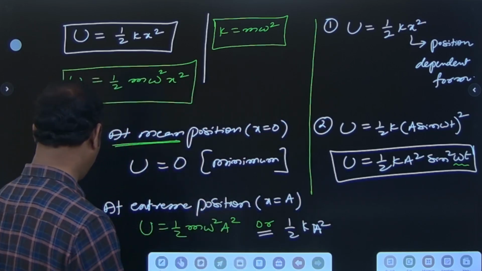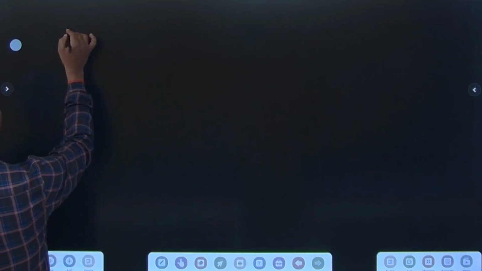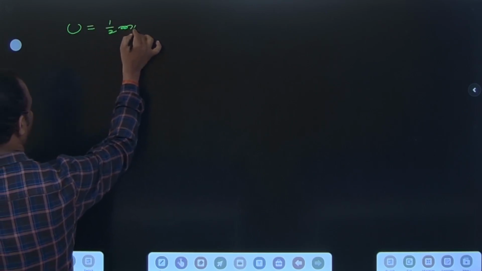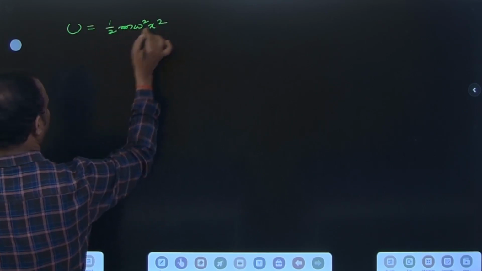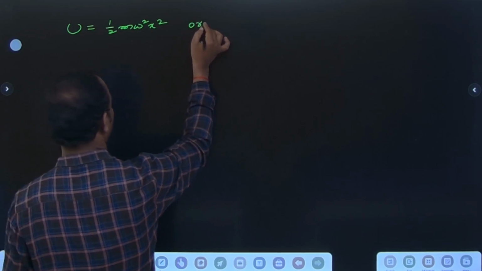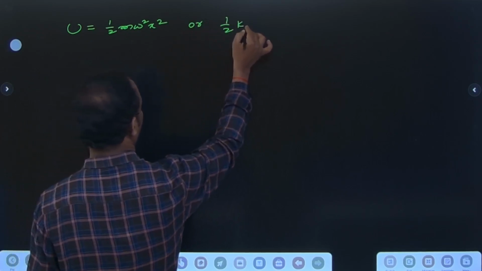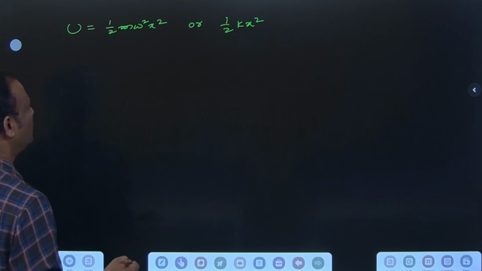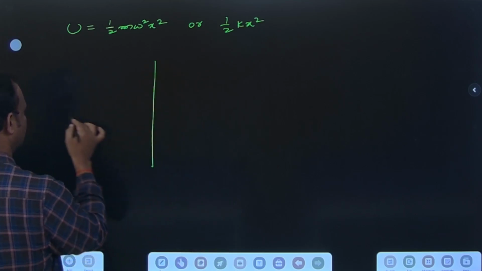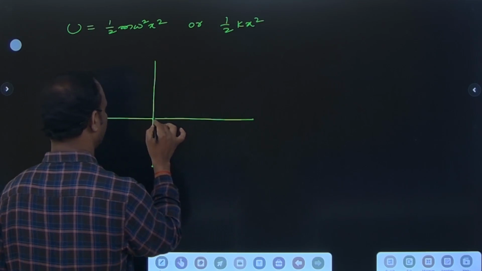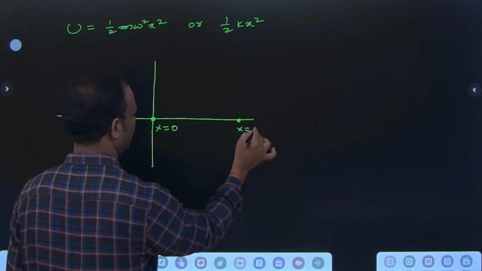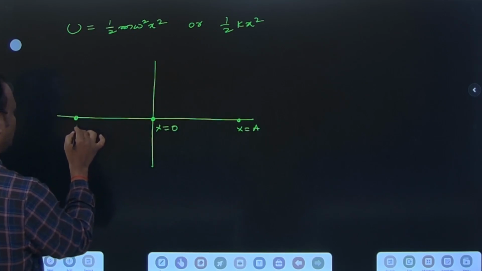Next we go for the graph. U is equal to half m omega square x square, or half k x square. Here I am taking the positions x is equal to 0, x is equal to a, and x is equal to minus a.